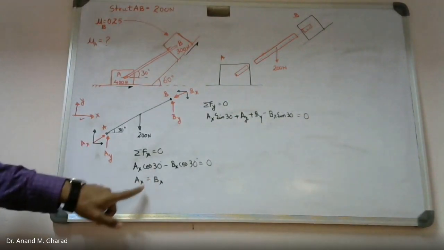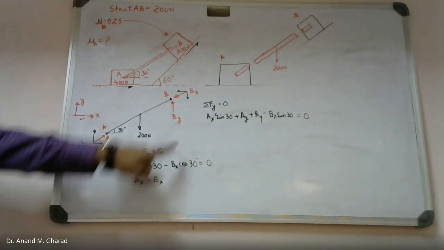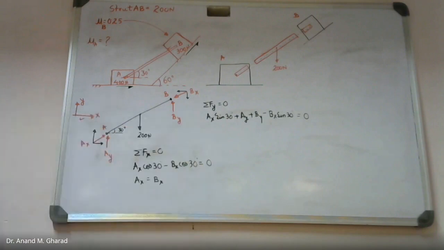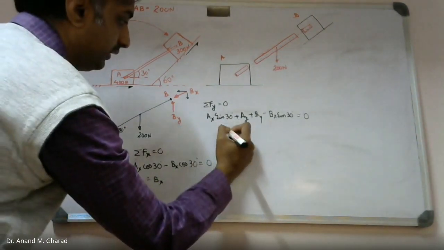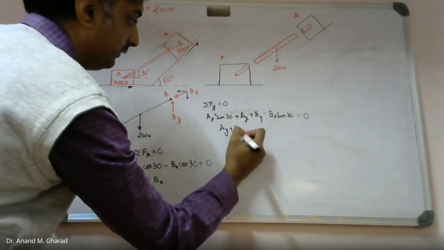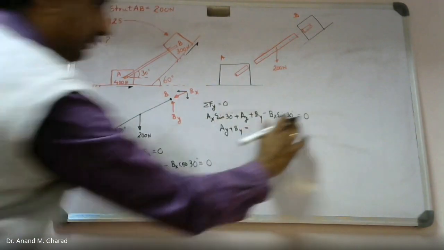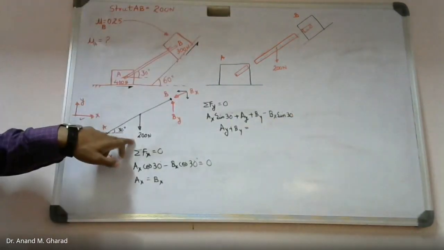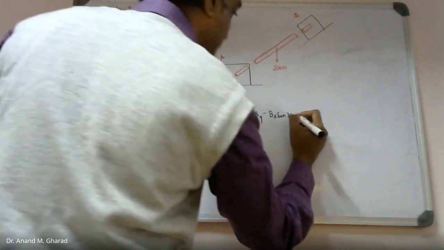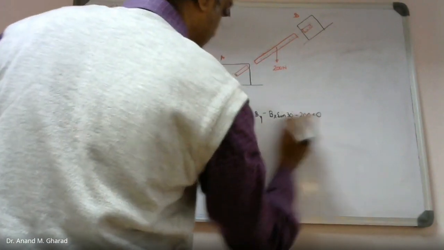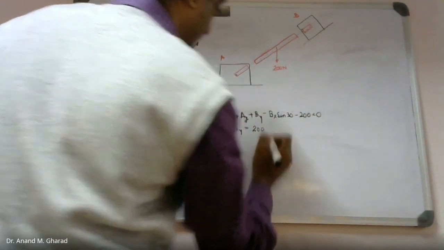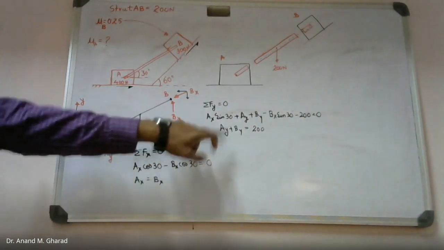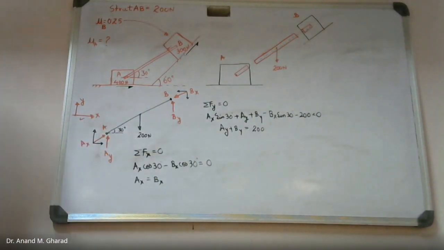But from this equation, as you can see, Ax equal to Bx. So I can substitute this value over here. And what do I get? Ay plus By. One more thing, sorry. There is one more term of 200 Newton. So minus 200 equal to 0. So I will get this value: Ay plus By equal to 200.